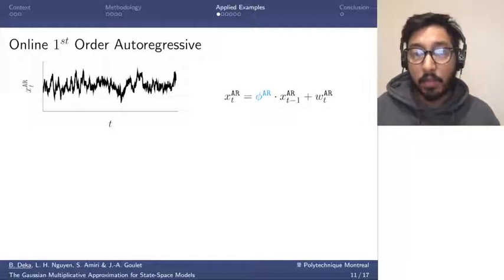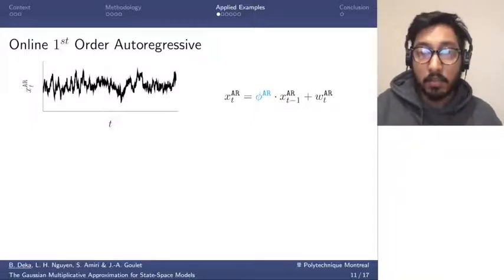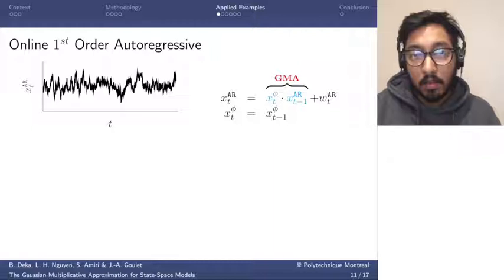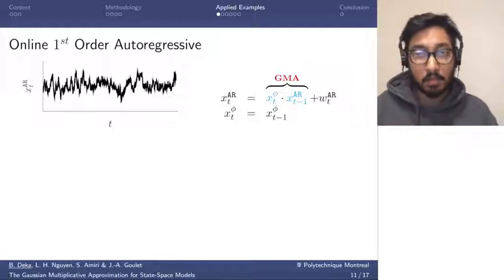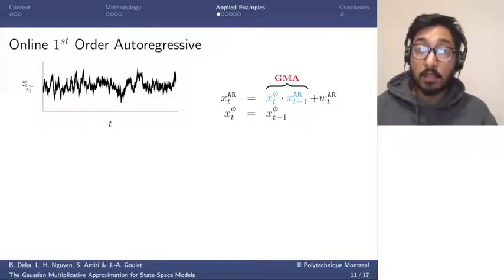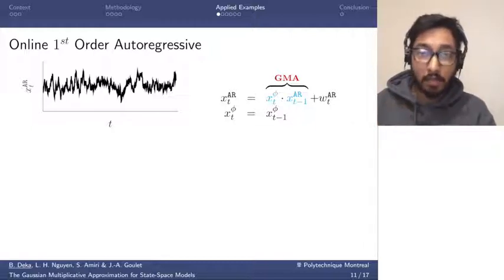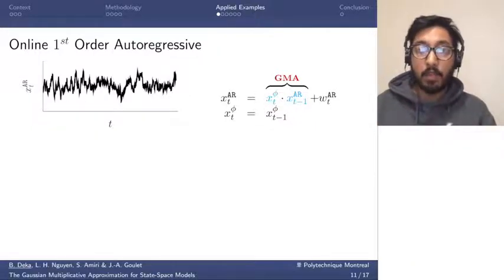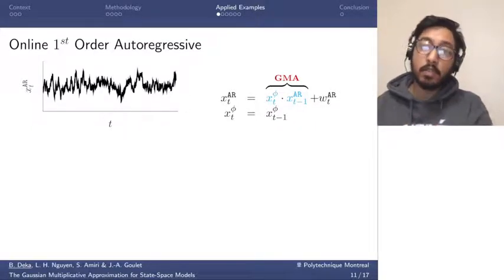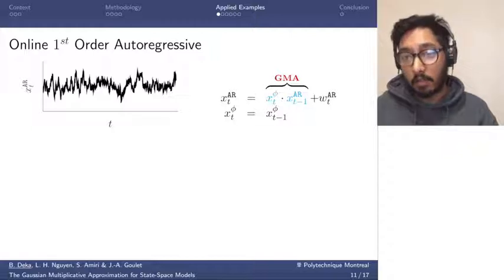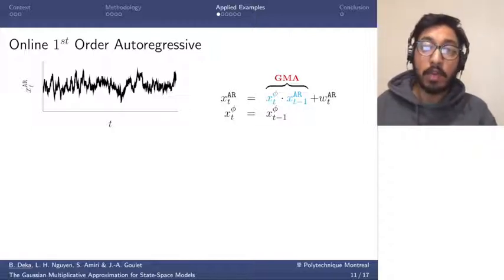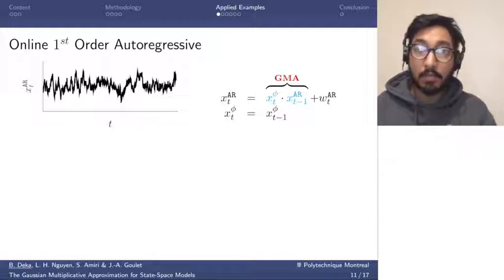What we do is transform this transition equation into a new transition model where we consider the parameter phi to be x_phi. So it's a hidden state now and it transitions over time, and there is a constant value associated with it. This is what we assume. That's why we have x_phi at time t equal to x_phi at t minus 1.